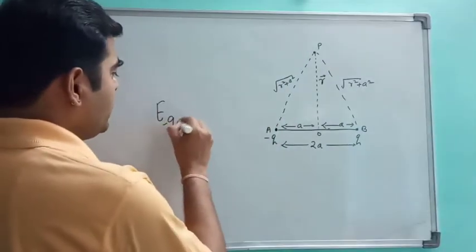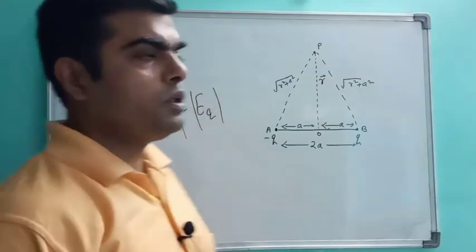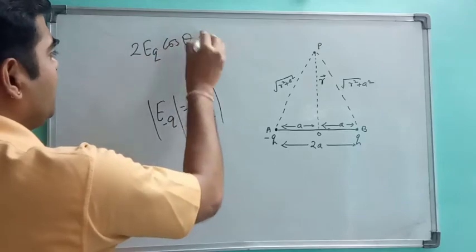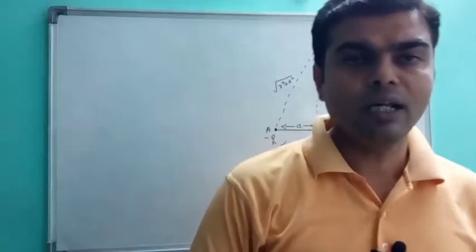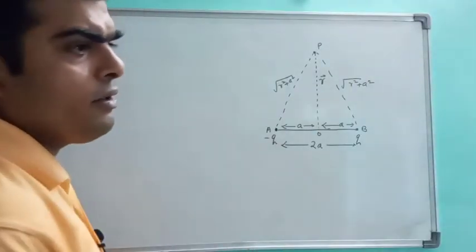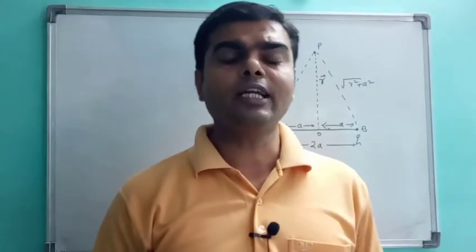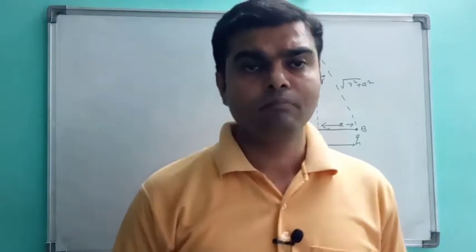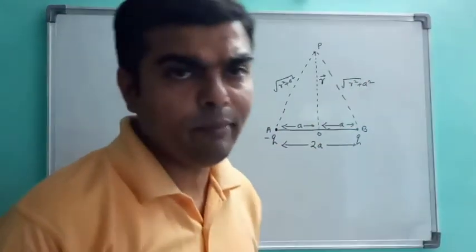E minus Q and E plus Q are equal in magnitude, so it is 2 E Q cos theta, as in my previous video, which gave the electric field on the equatorial line. But for the electrical potential on the equatorial point, there is no trigonometric function, because the electrical potential is a scalar quantity, so we only find the magnitude.